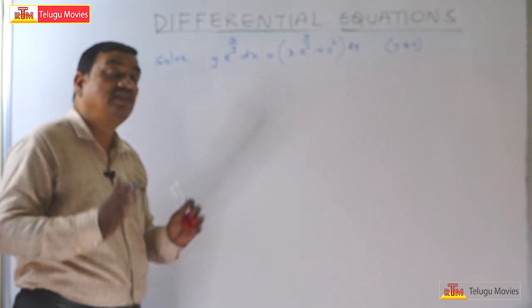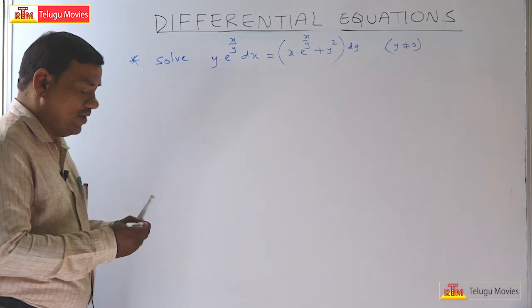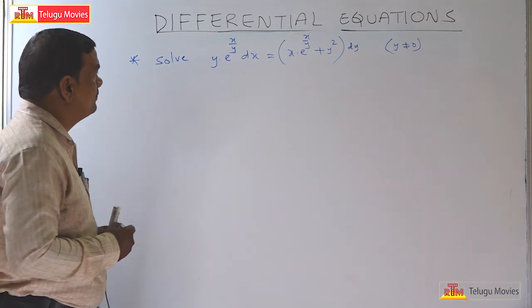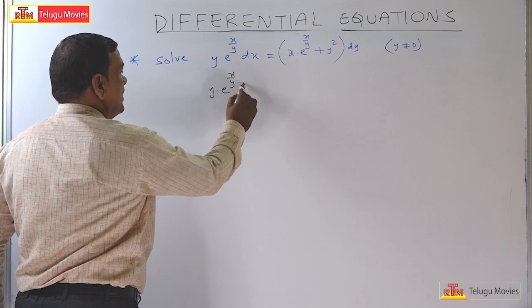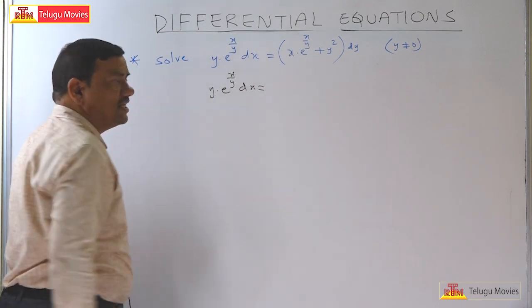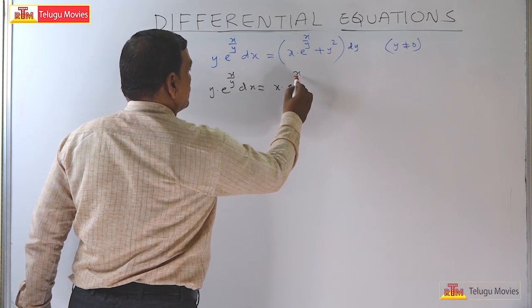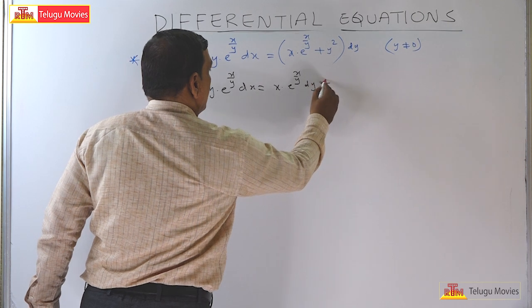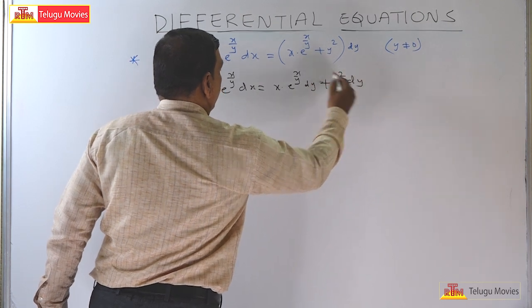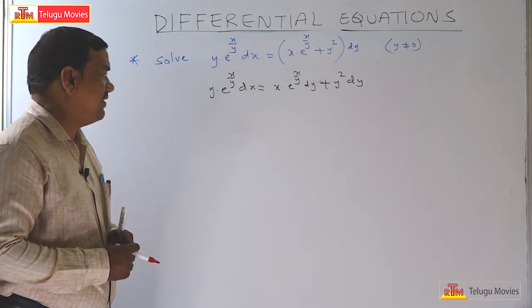You should have a logical thinking. Then how to do this problem? Let us see the solution. See here, first I will write down this term as it is, dx. Then separate dy for both the terms: x e power x by y dy plus y square dy.